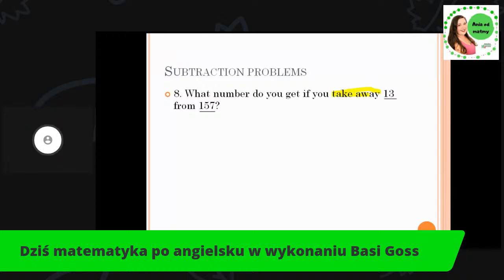Take away means minus. It's also in English the way that you can call the food that you can take away. So take away is the food that you can take home and eat outside the restaurant, but it also means minus.